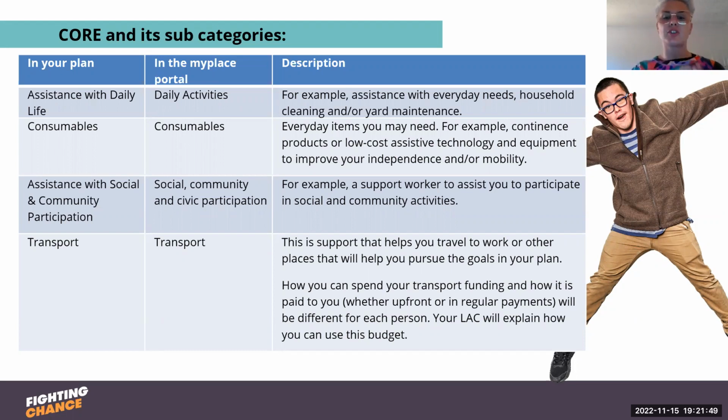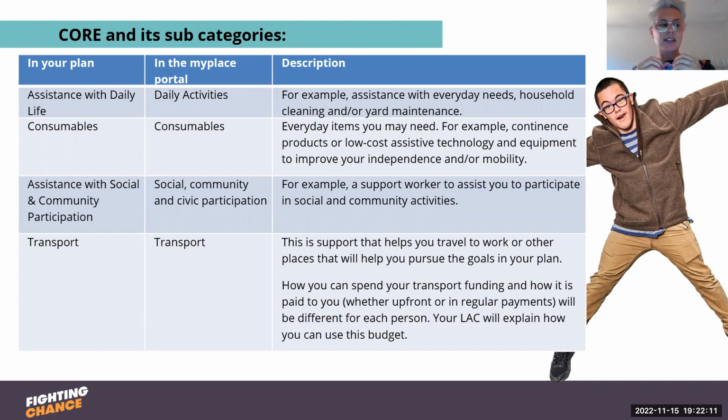Transport is the exception. So transport is different. If a support worker is taking you out in the community and they charge for the transport, like they charge for the travel cost, that's different to the transport funding. Transport funding has level 1, 2, and 3.